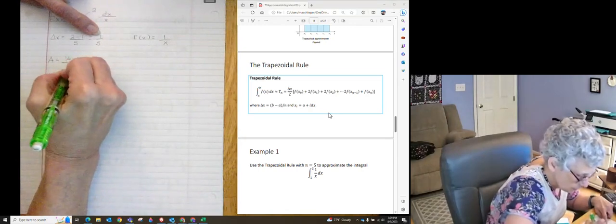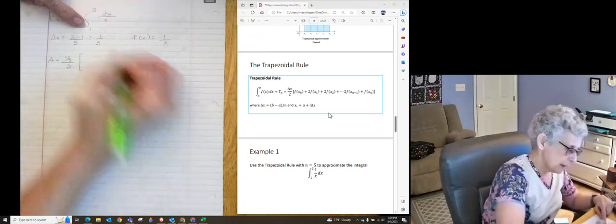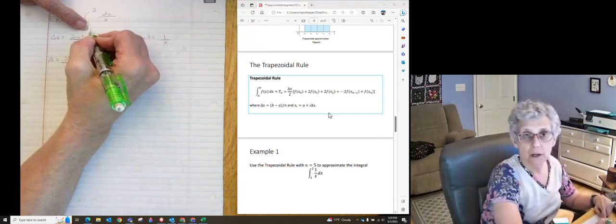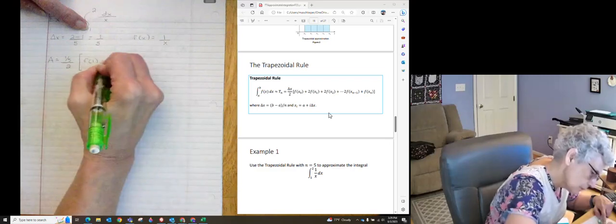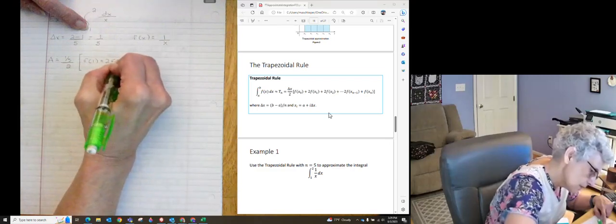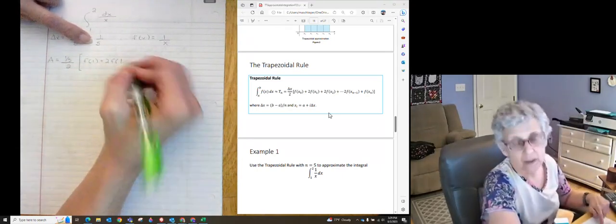So my area is going to be delta x, 1/5 over 2. And then I have to think about my endpoints. I start at 1, so f of 1, 2 times f of 1 and 1/5.